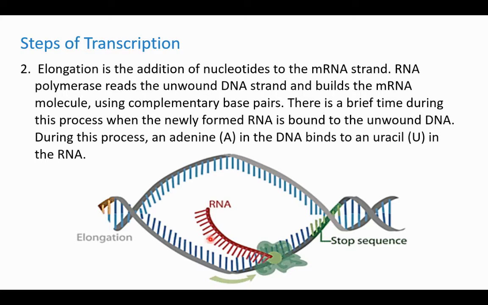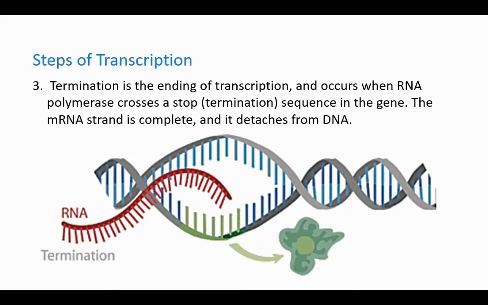So it is making RNA. Then it reaches the stop sequence, and when it reaches the stop sequence, the RNA is cut and the RNA polymerase separates. Then the two merge again. Once the RNA has been made, it is not yet finished.